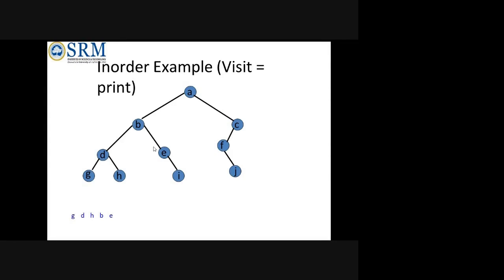In the binary tree representation, you will be having a left and right pointer. So when it comes to E, it will check whether you have a left child and whether you have a right child. By that itself, it will know whether it is having or not having. If the left child is null, that is, no child is there, it will by default check for the right only. Clear now?